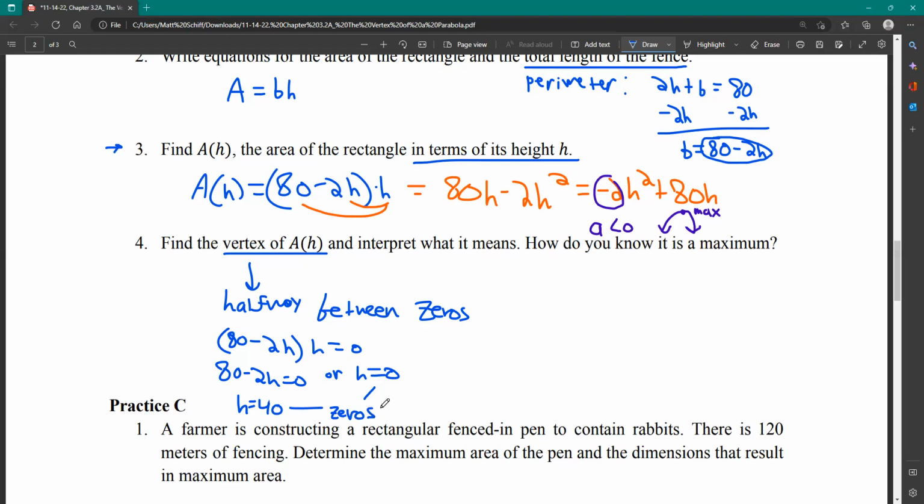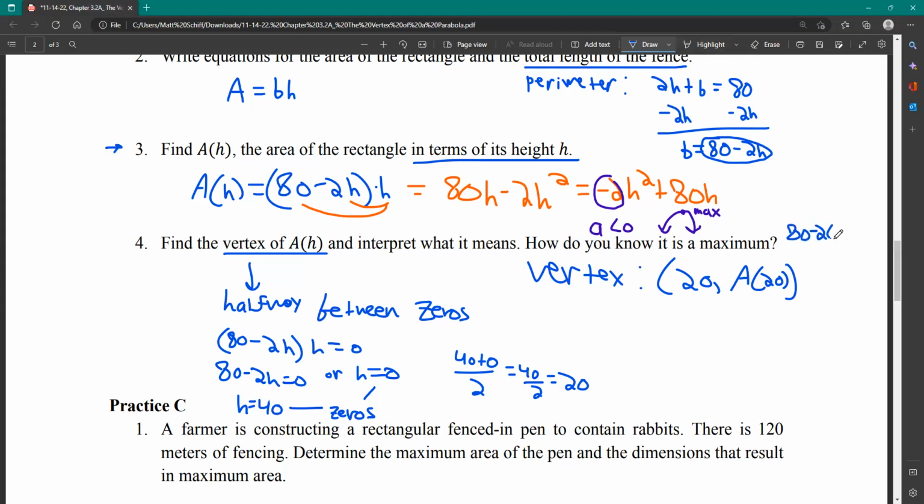And so the vertex of A of h must occur halfway between the zeros. So 40 plus 0 over 2. In the end, you should get 20. So the vertex will have coordinates of 20 and then A of 20. A of 20 would be, so doing 80 minus 2 times 20 times 20, you should get 400.